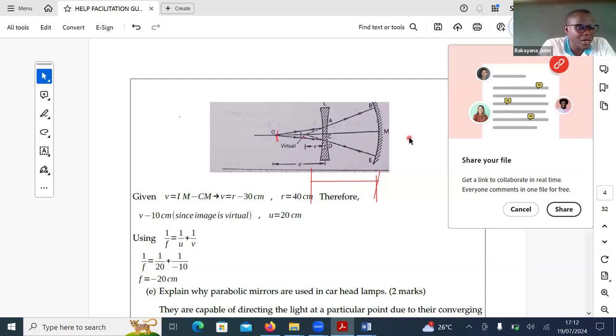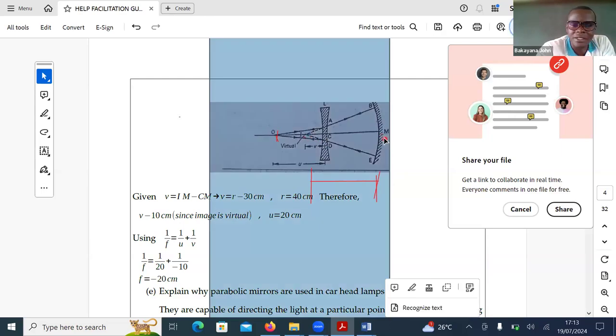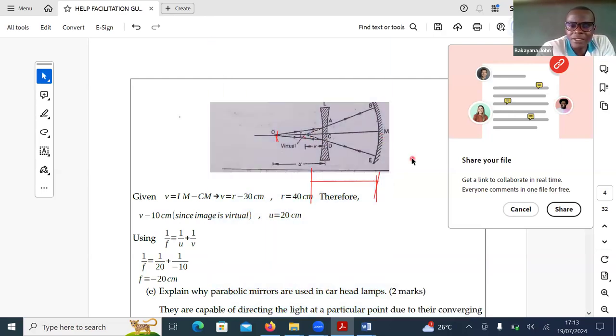Supposing our image distance is IM. Where is IM? IM, the I is here, and then the M is the mirror. So if I'm interested in getting the final image distance, then I'll subtract IM minus CM.